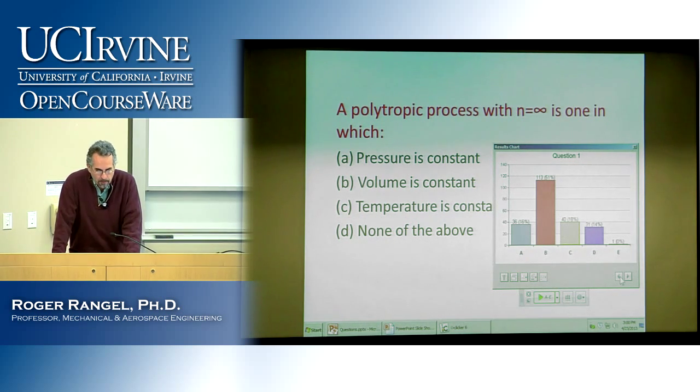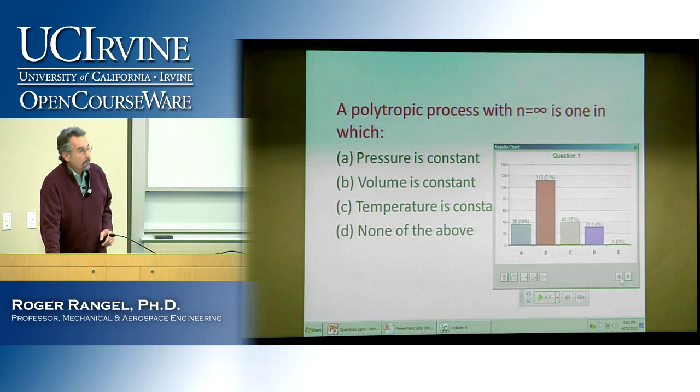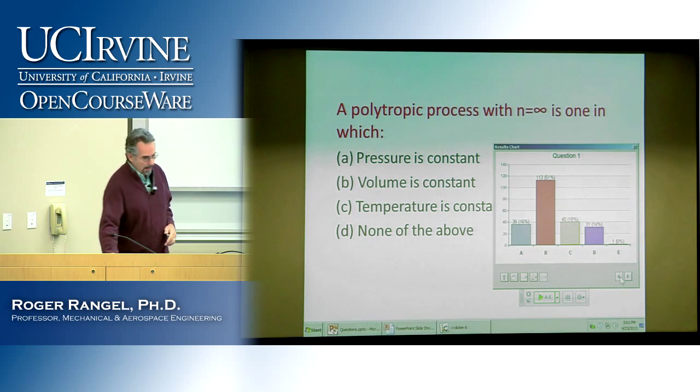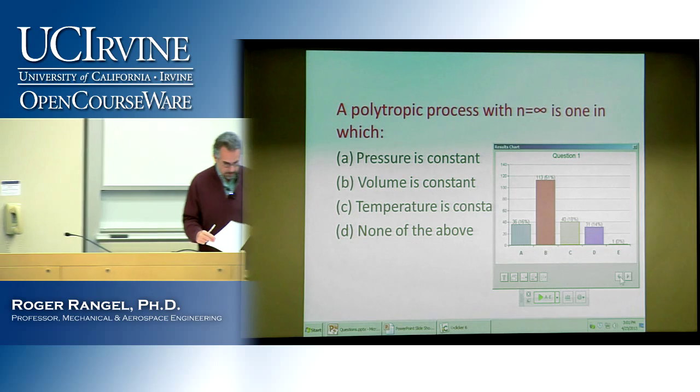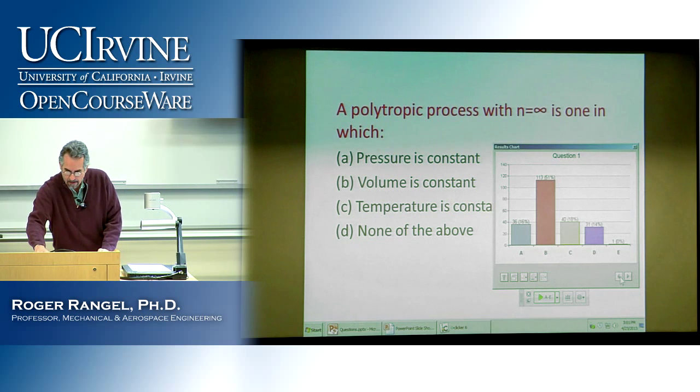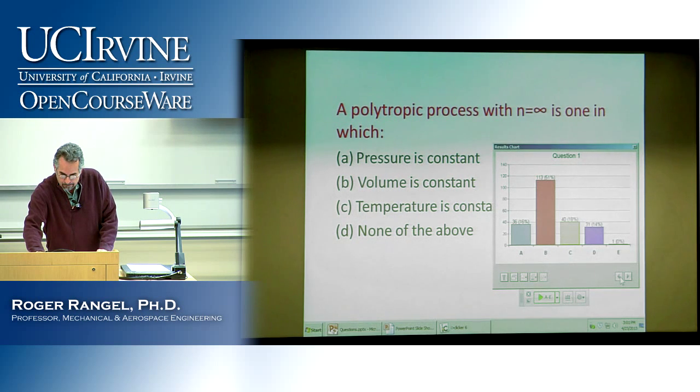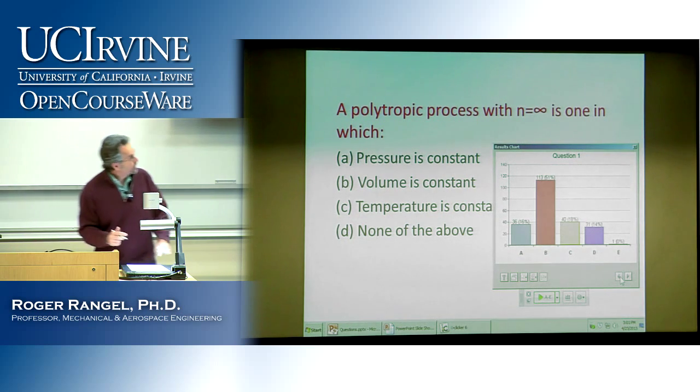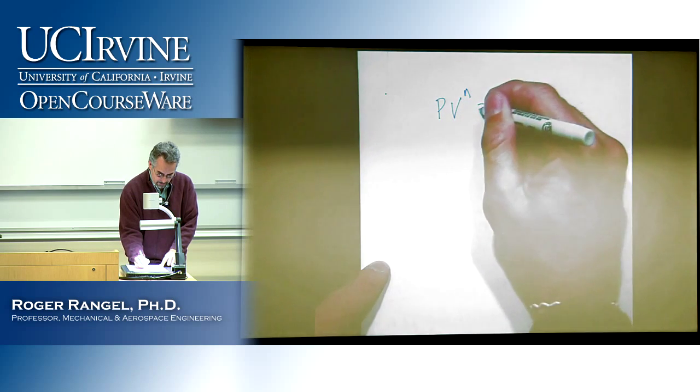So most of you thought it was constant volume. And that's why you were laughing, because there were only so few responses. Okay, so that is constant volume. That is correct. Okay, why is that? Remember, the polytropic process is P V to the n equals constant, right?